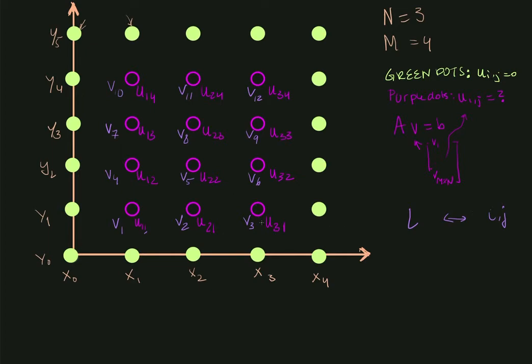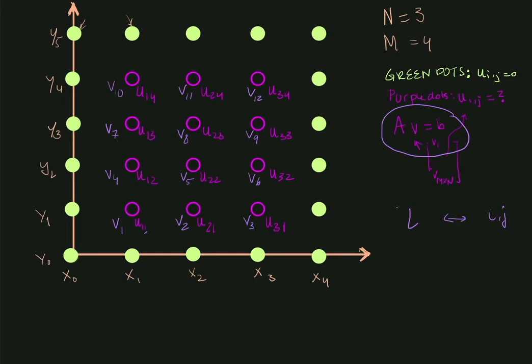When you do your implementation, you will be solving this matrix equation, which will give you a v1 to v_(m times n) vector. But when you plot the graph, you will actually want to know which x_i, y_j each of the v's corresponds to.